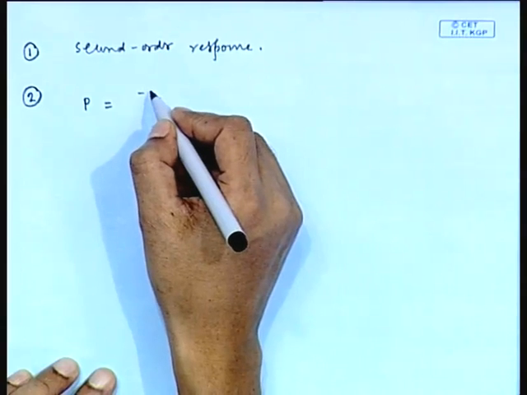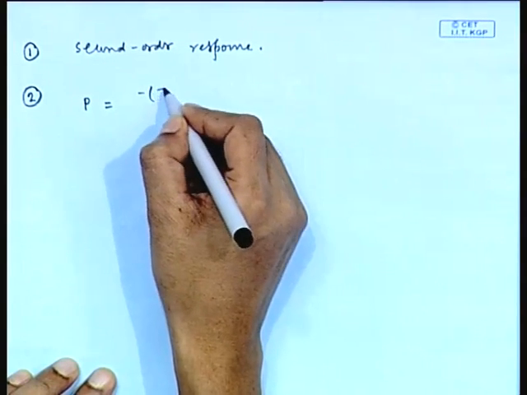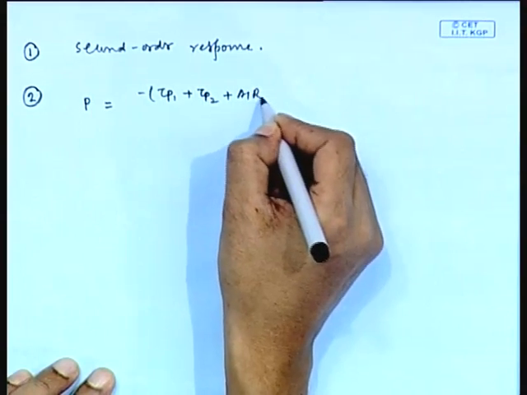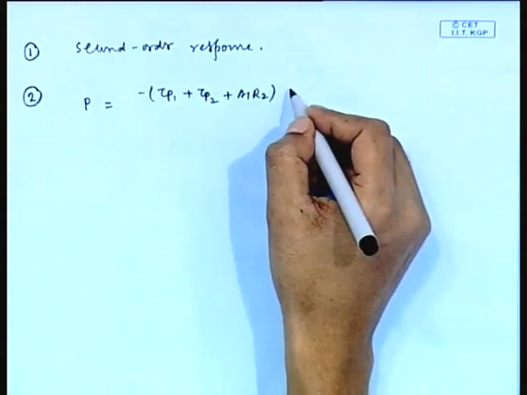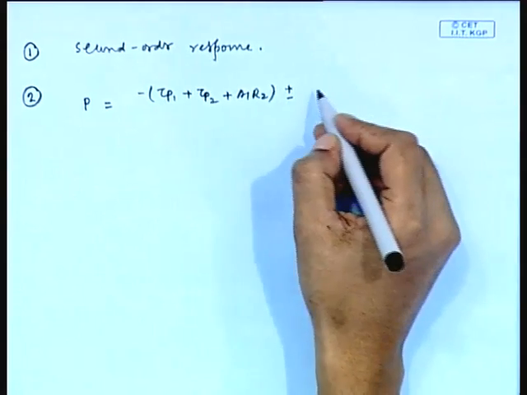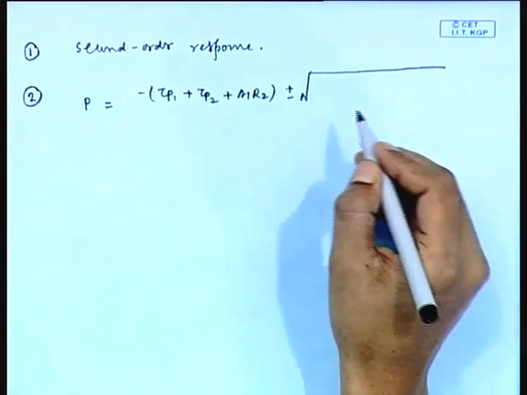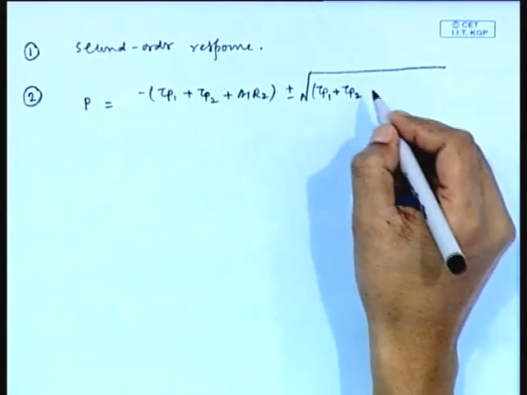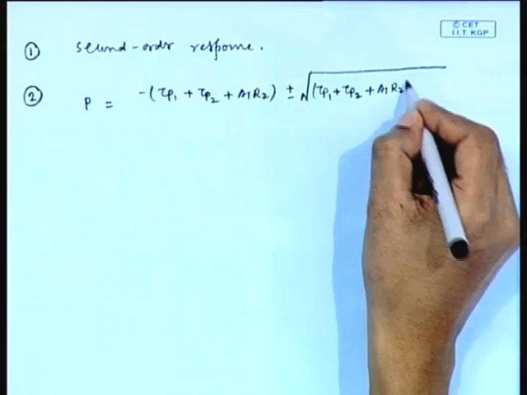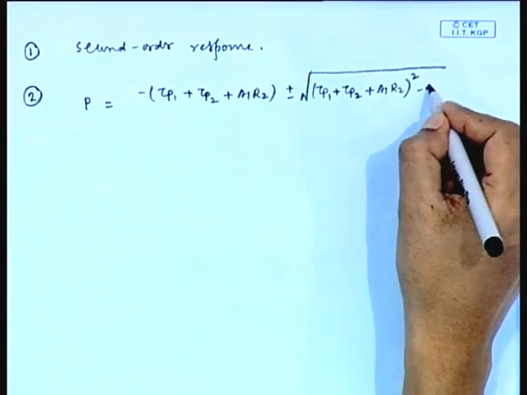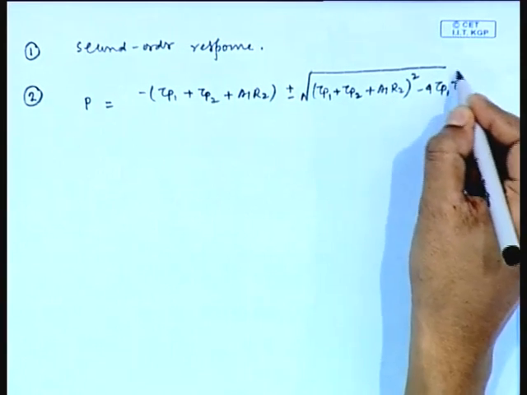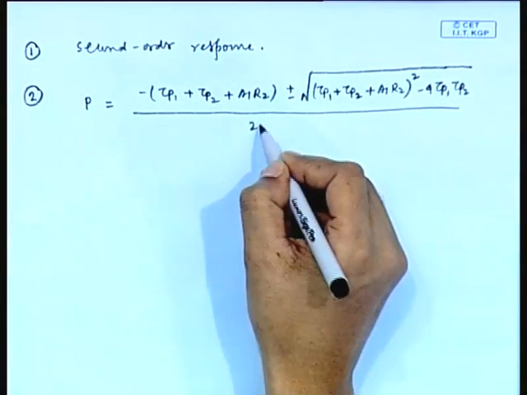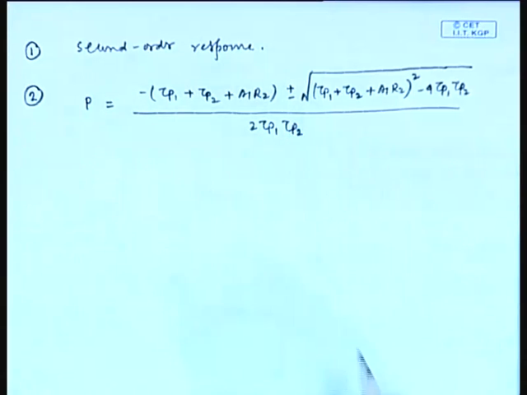So, the roots we can write in this form: (tau p1 plus tau p2 plus a1 r2) plus minus root over (tau p1 plus tau p2 plus a1 r2) whole square minus 4 tau p1 tau p2, divided by 2 tau p1 tau p2.